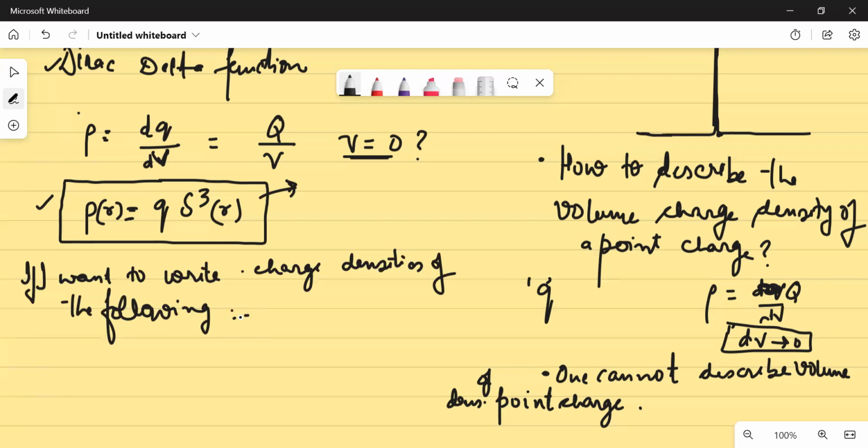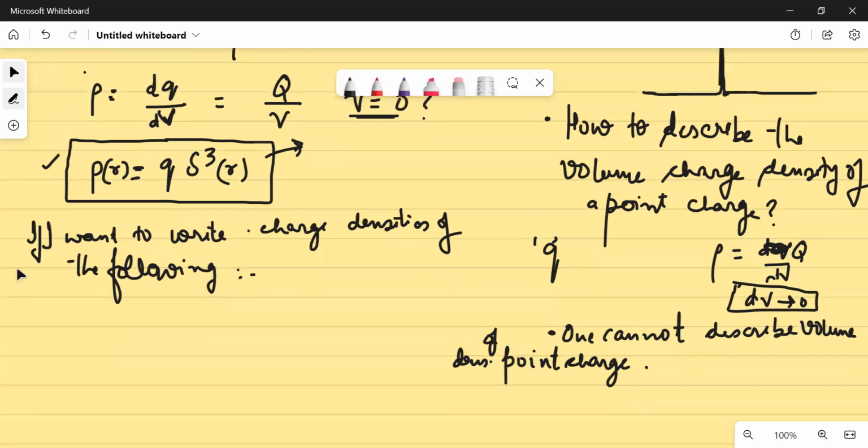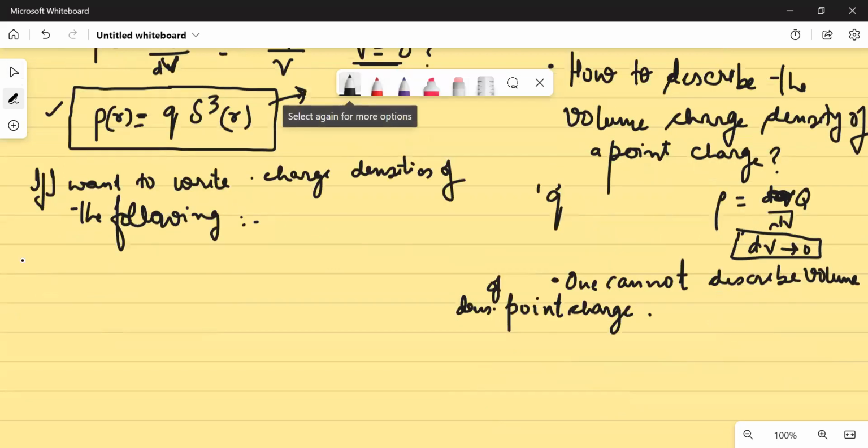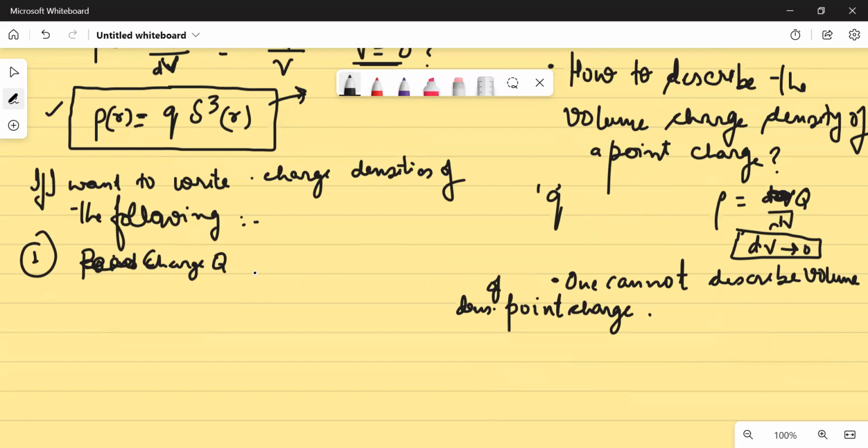For example, a charge Q distributed uniformly over a sphere of radius R.